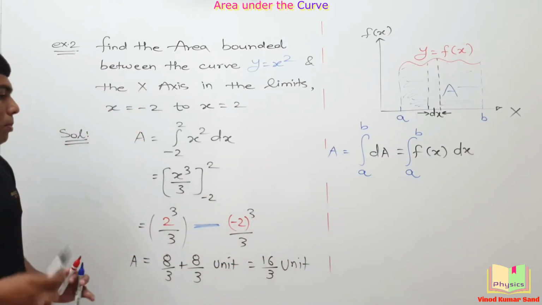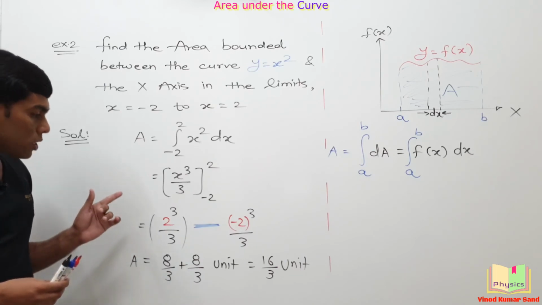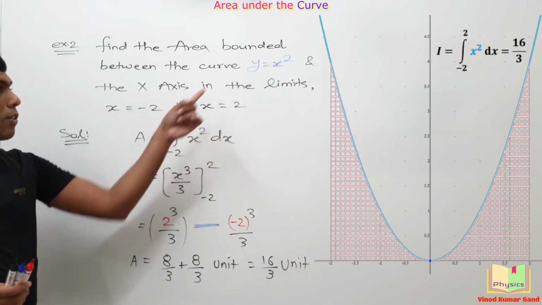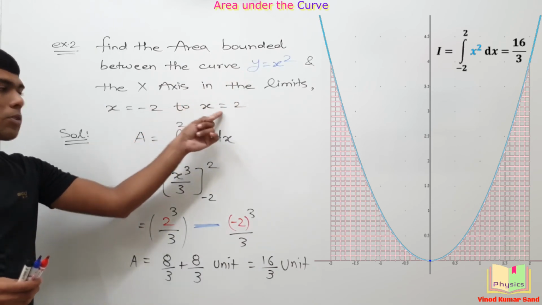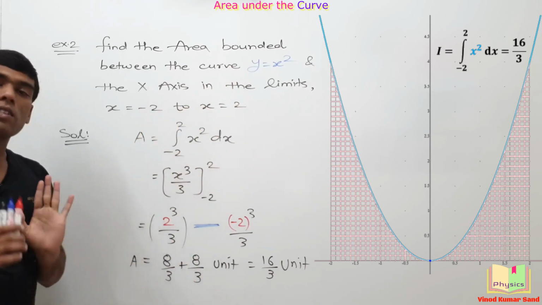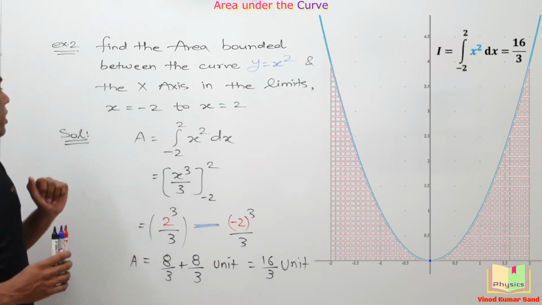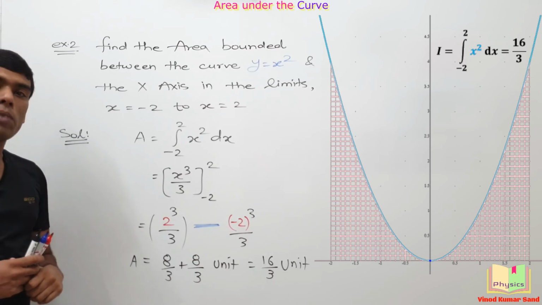Okay, pretty simple question. And if you see the diagram on the board, the area bounded between this curve and the x-axis in between these limits will be 16 by 3 units only. Fine, note it down. Then we'll take up example number 3.